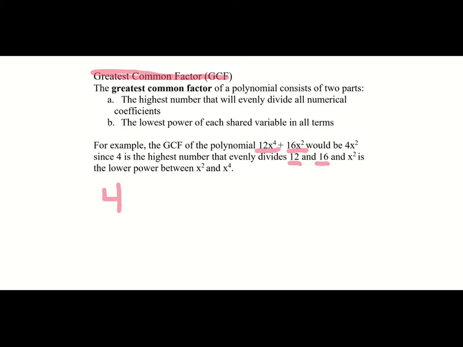Because we're going to be dividing this out and we don't want to deal with negative powers, you always look for the lowest power of your variable. Between x to the 4th and x squared, we choose x squared. So my greatest common factor for 12x to the 4th plus 16x squared would be 4x squared.